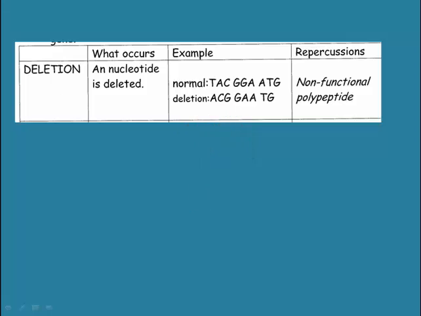You'll notice that all of the bases shift over by one spot. And what this results in is some very different triplet codes, and in fact the third one isn't a triplet code at all, so it would not code for any amino acid. The result of this is pretty serious. We end up with a non-functional polypeptide.